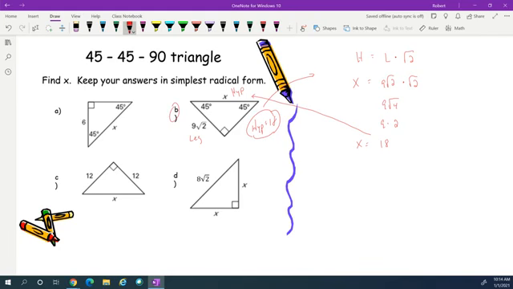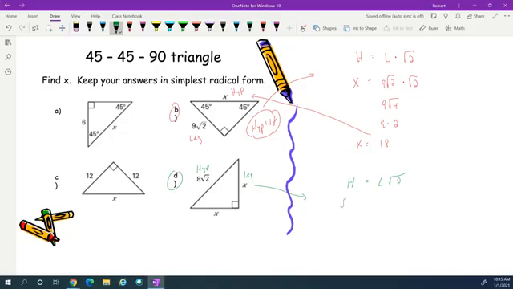For question D, again, we're looking for the leg. Now, even though they marked them both, the legs are congruent. So once we find one, we know the other. Hypotenuse equals leg times square root 2.